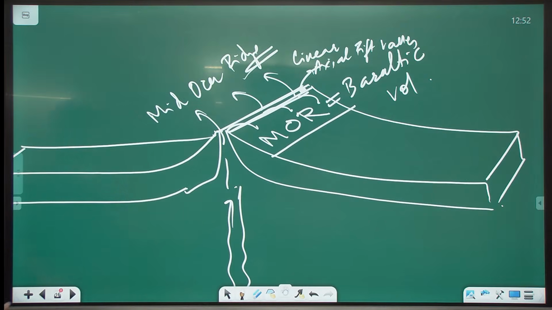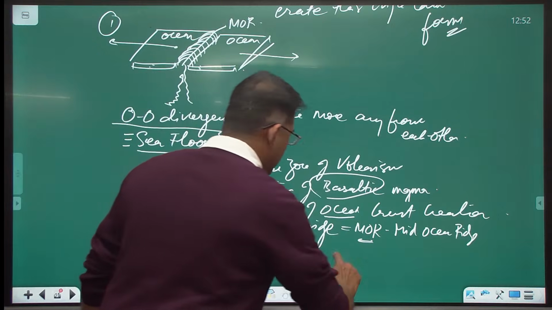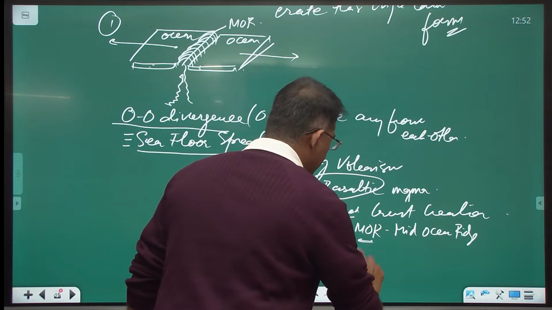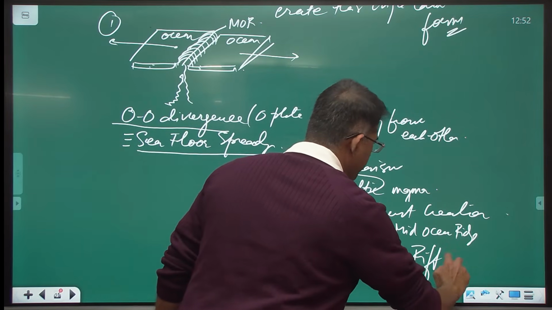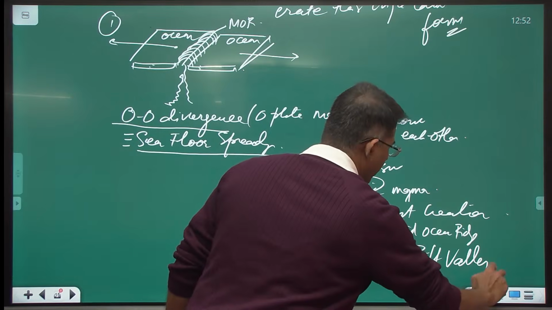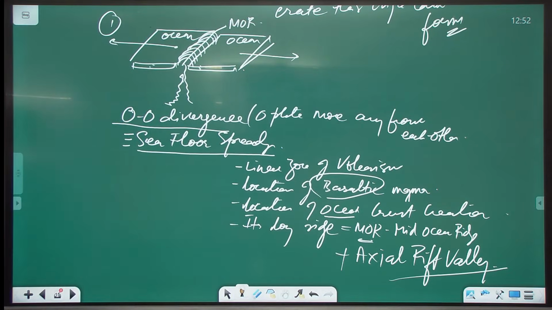Okay. So where this happens, you have a ridge, along with, as I said, an axial rift valley. Every ocean floor has such a MOR. We have it in the Atlantic Ocean, in the Pacific Ocean, and also in the Indian Ocean.